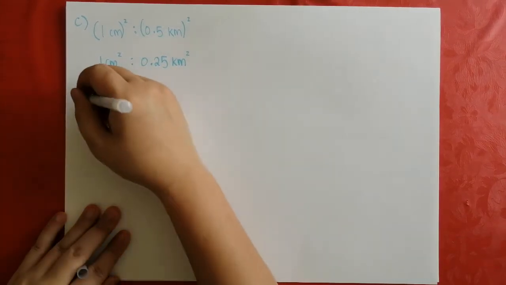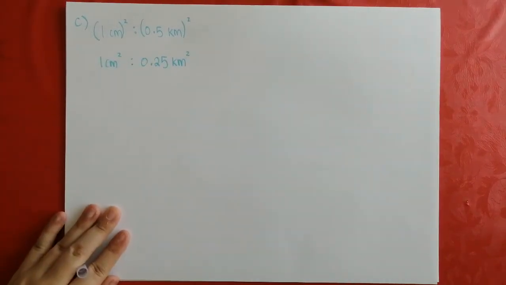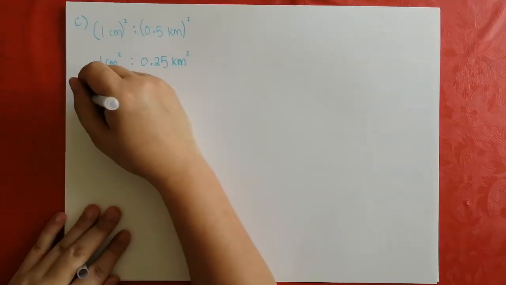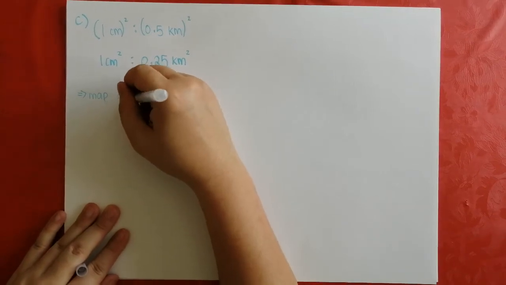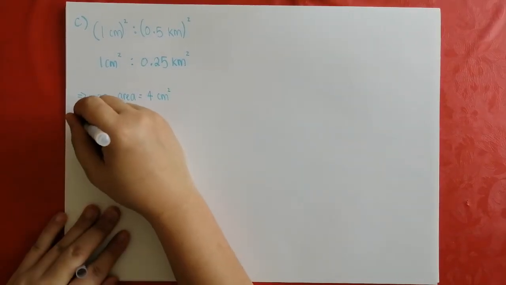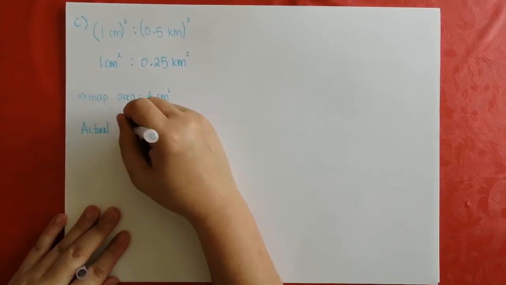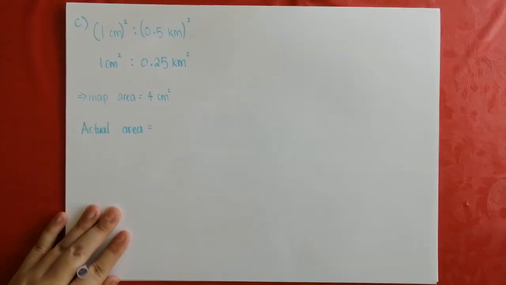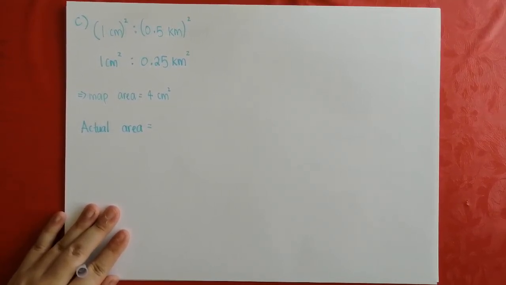Okay, so let me write it down. The given map area is 4 square centimeter, so to find the actual area, if you go back to the first page, the real length is actually diagram length multiplied by scale.